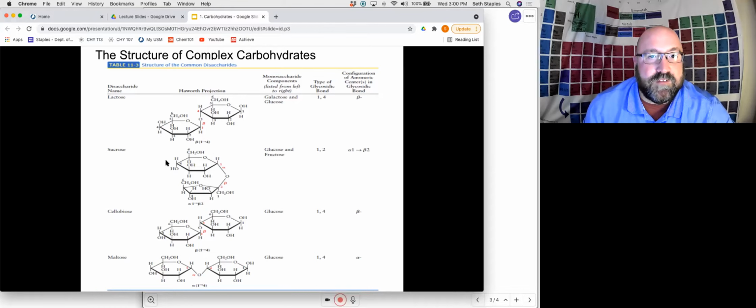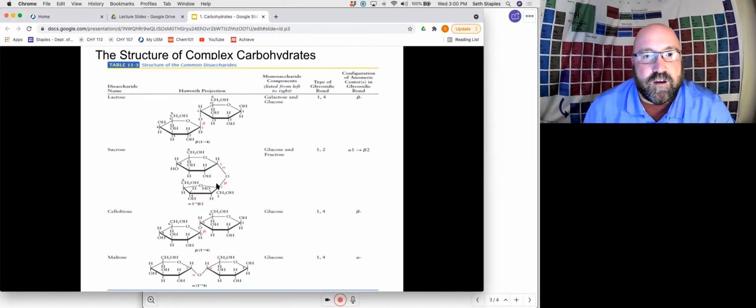Here's a monomer of sucrose. So this here is a sucrose molecule, common table sugar, which is made up of glucose and fructose. So here's our glucose here. This is an alpha 1 beta 2 linkage. Now this gets a little bit different just because we're looking at a 5-membered ring here, which gets numbered a little bit differently.